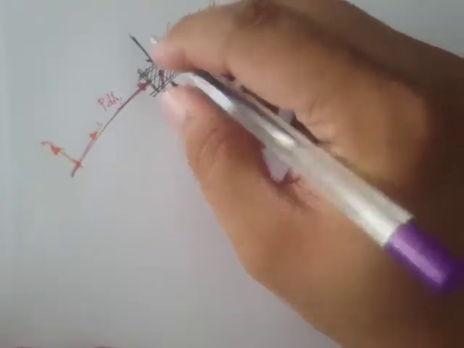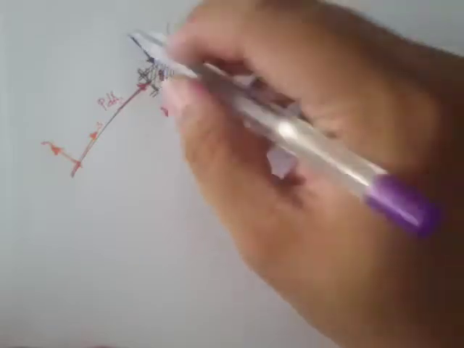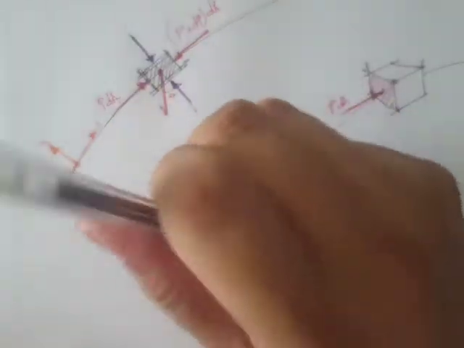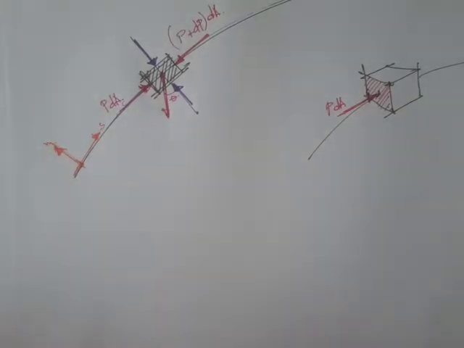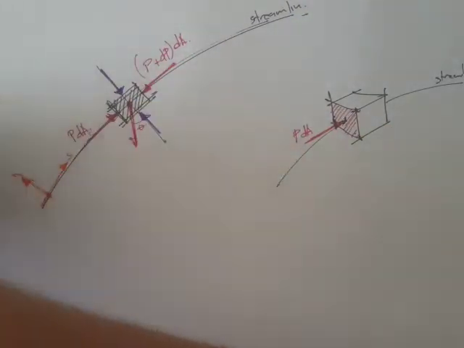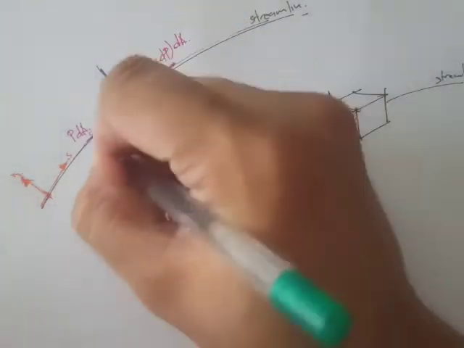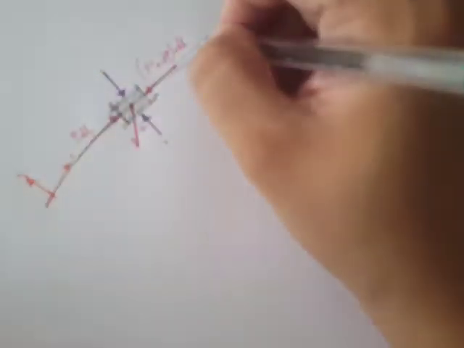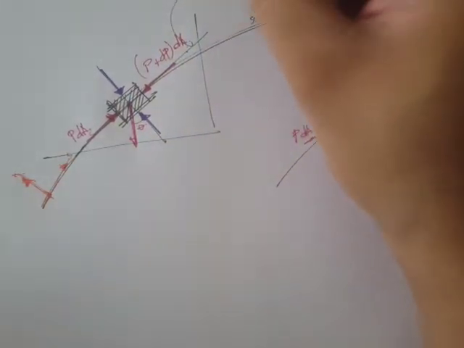Okay, so you can have actually pressure forces along the normal axis. And we'll also have a relationship regarding this. So if this is our S, then this will be our Z, and then this will be our X, and this will be our theta.